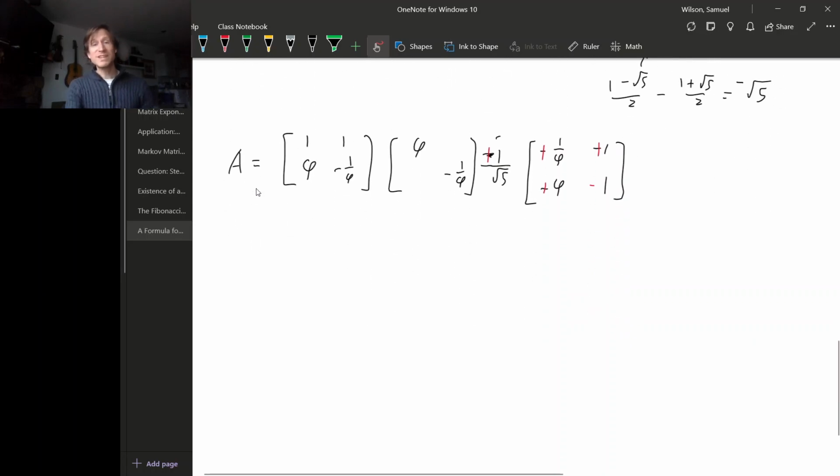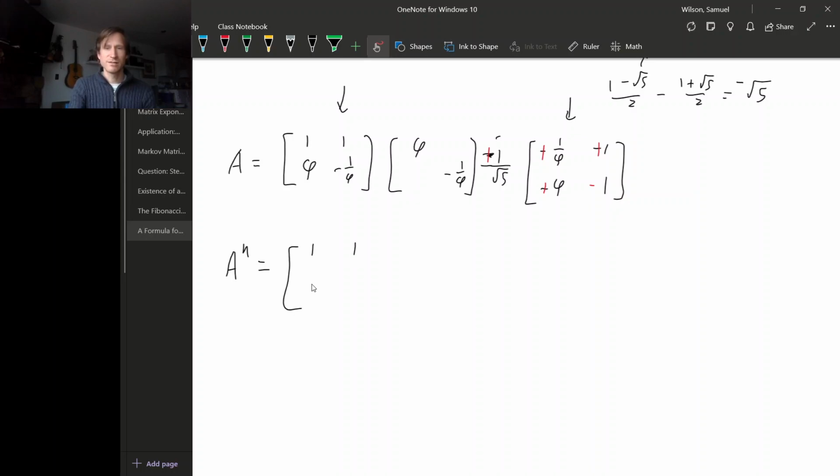Now remember, the reason that we did this diagonalization was so that we could write down the nth power of A. When you have a diagonal matrix and you raise it to a power, the matrices on the outside, when you write out the product, just cancel on the interior, so they just sit on the outsides like this. And this 1 over root 5, let's move that all the way out to the front just to get it out of the way.